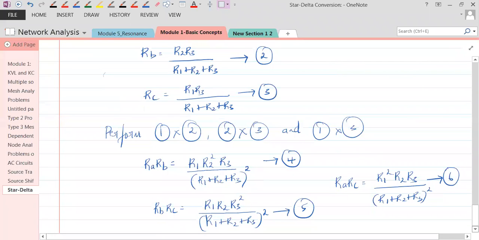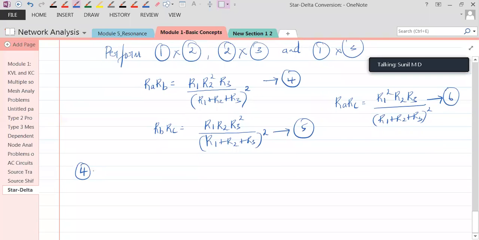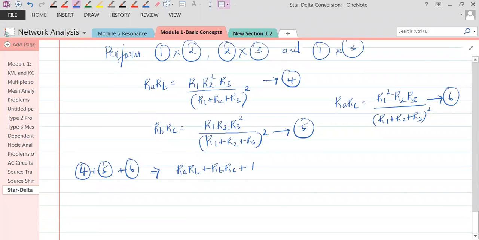So let's add equations 4, 5 and 6. So 4 plus 5 plus 6 would imply RA, RB plus RB, RC plus RC, RA equal to what? The denominator is the same.